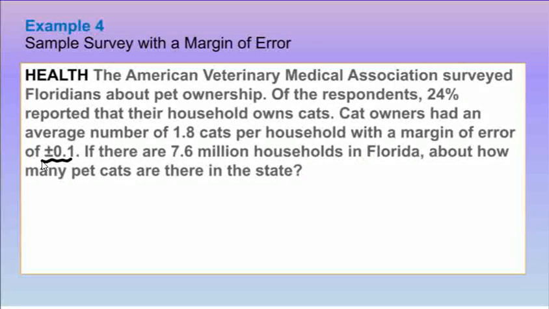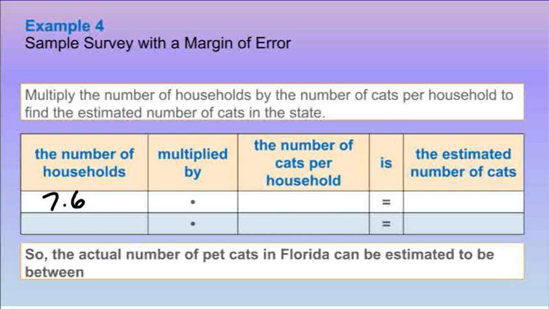So if we take, well, 0.1 above and below, we would have 1.7. And this one would be 7.6 times 1.9.